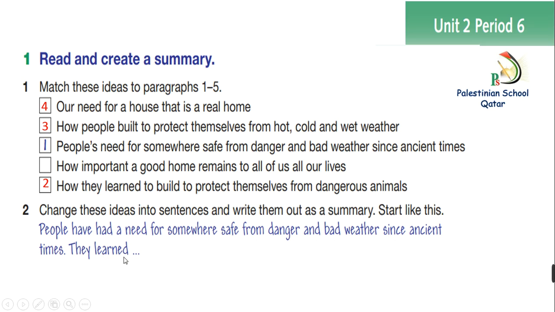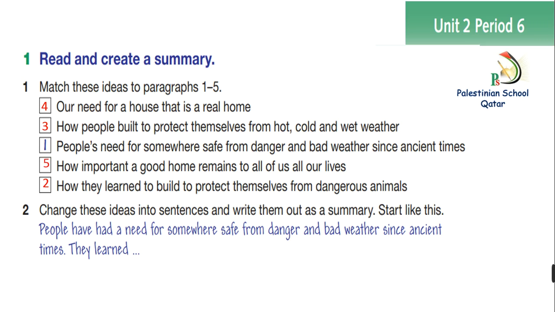They learned to build to protect themselves from dangerous animals, and people built to protect themselves from hot, cold, and wet weather. You have to continue the exercise, please, in your notebook.